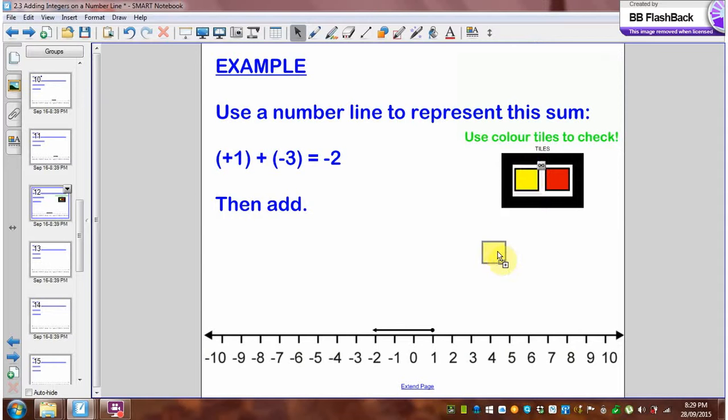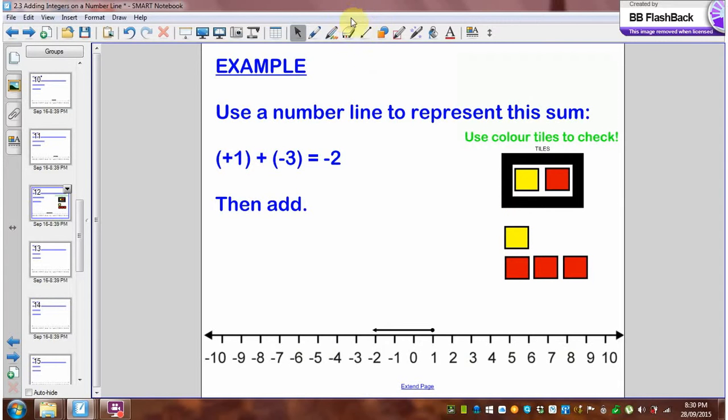And we have 3 negative tiles, or red tiles. So 1, 2, 3. So if you put those together, we see that we have a combination here where they cancel out.